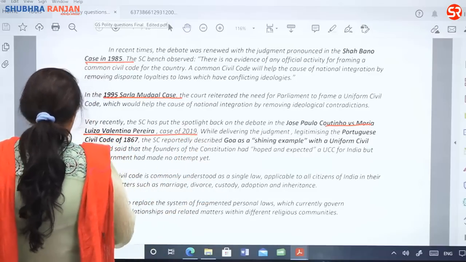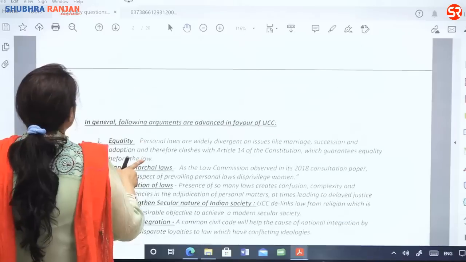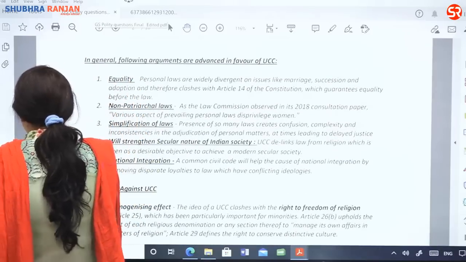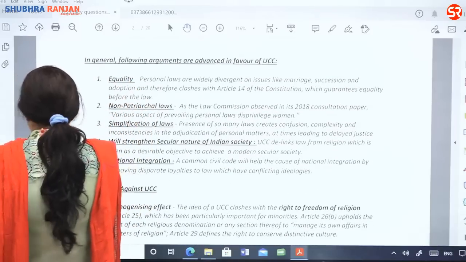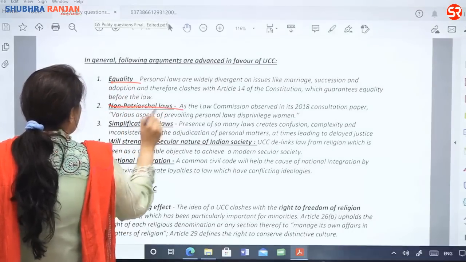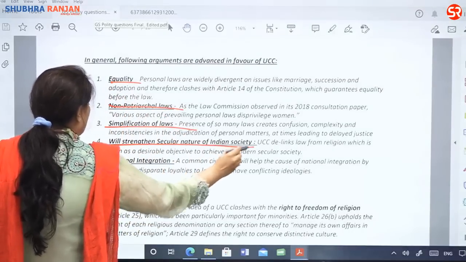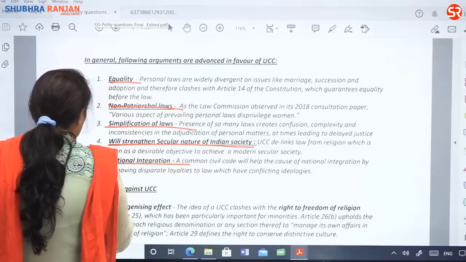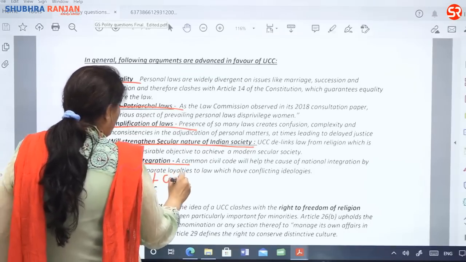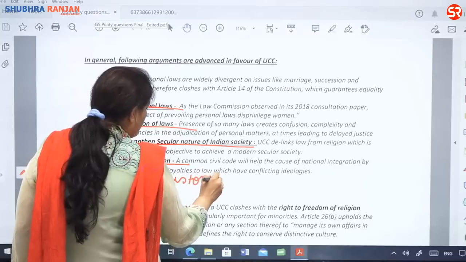And then just key points: it will bring equality, gender justice, simplification, secular nature, national integration and reform of customs and traditions.